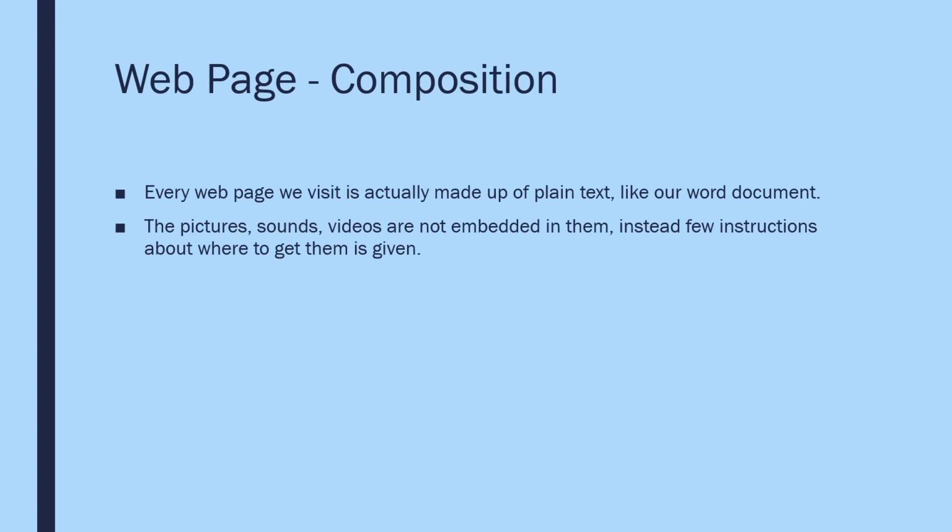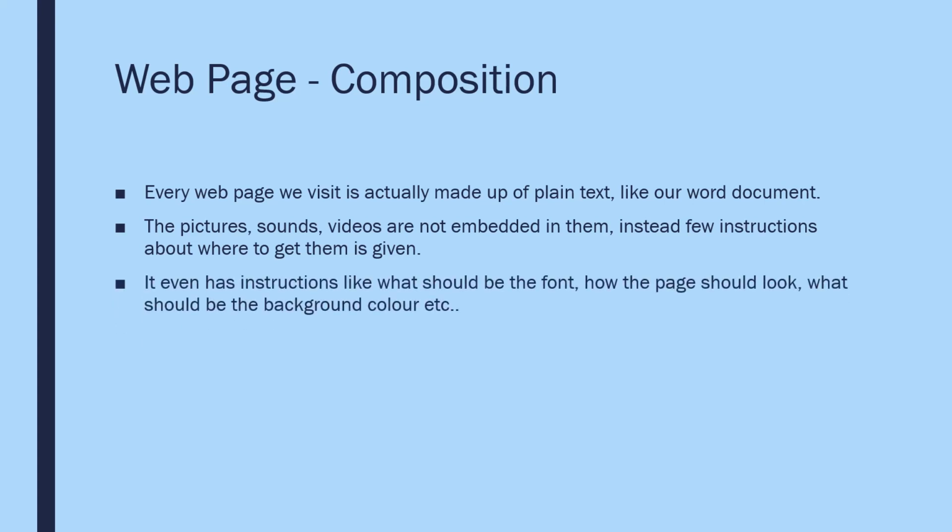Okay, so the pictures, sounds, and videos which are not actually put on them, they are just linked to them. Okay, and the link tells the browser from where to get those pictures, sounds, and videos.